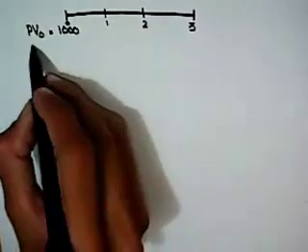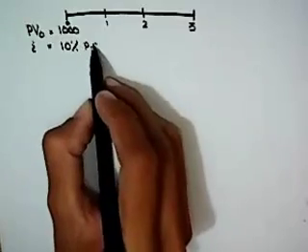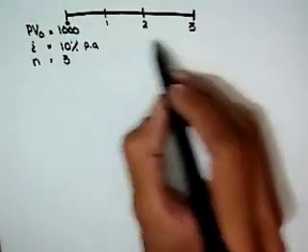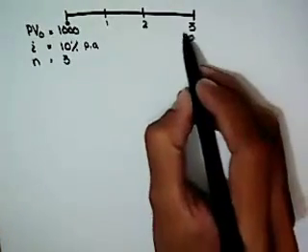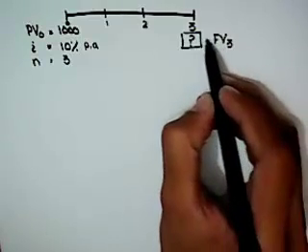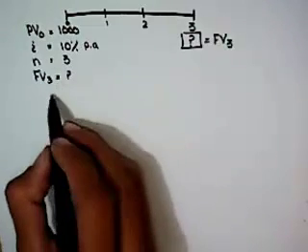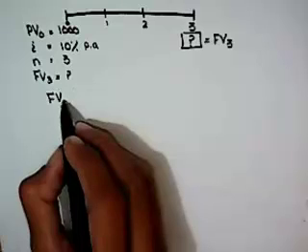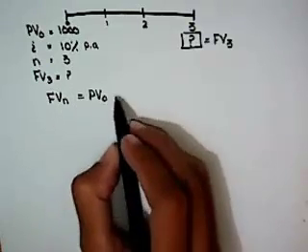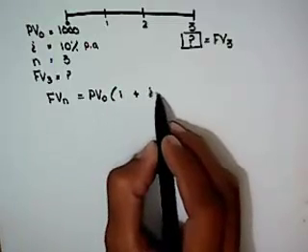So if the annual interest rate is 10% per annum, simple, and n is equal to 3, how much money would it become at the end of third year? So this means I want to know the future value at the end of 3 years.